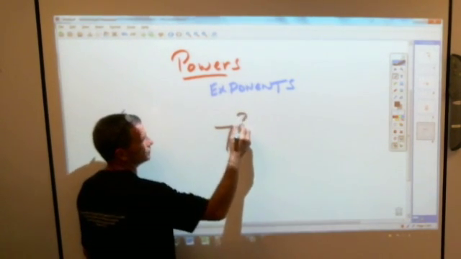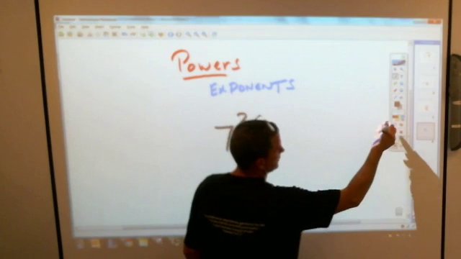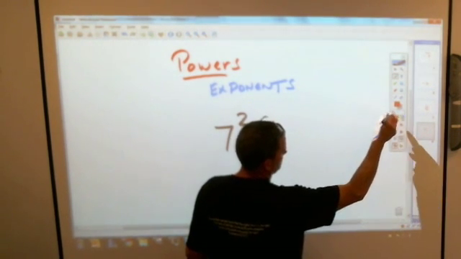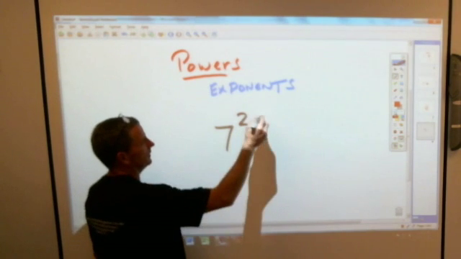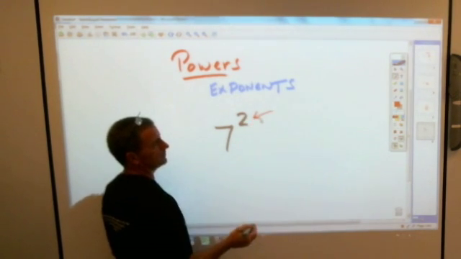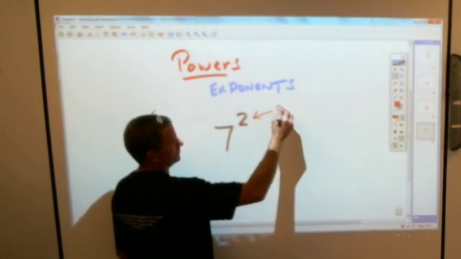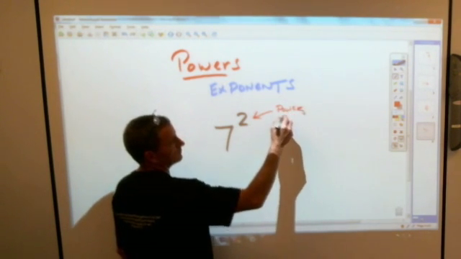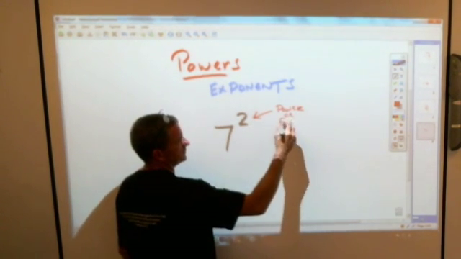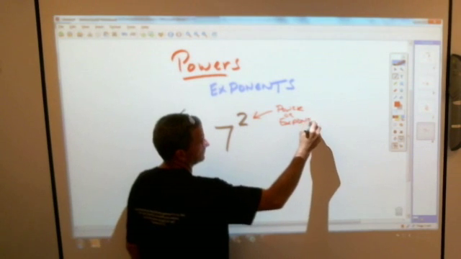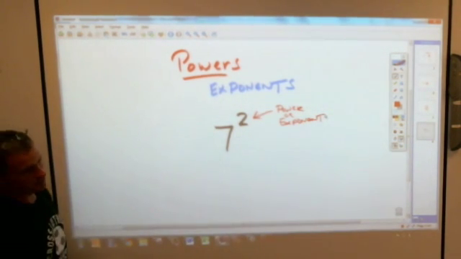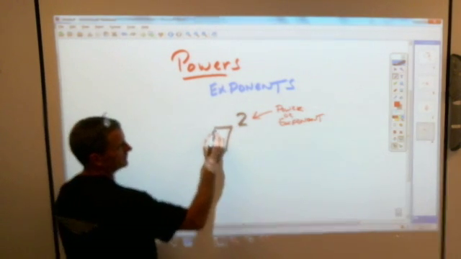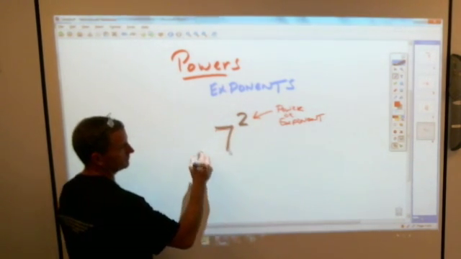7 to this. Please understand very clearly that this is not 7 times 2. We'll get to that in a minute. This thing right here is called the power or the exponent. And this one down here, the little big number here, is called the... anybody?